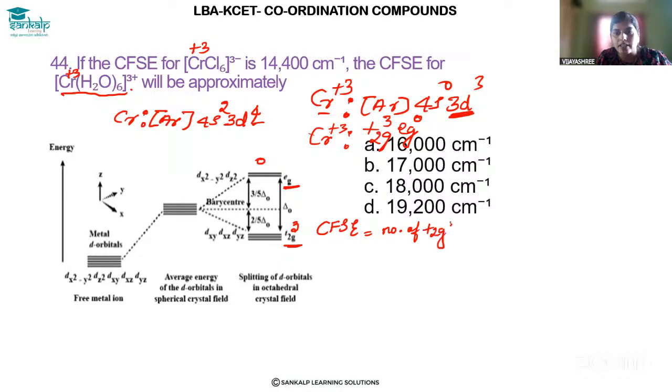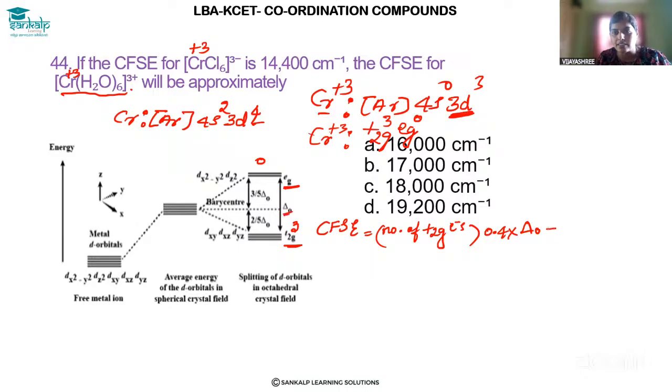t2g electrons into... here t2g electrons are lowered from the degenerate energy by 2.5... so it is 2 by 5, which means 0.4 into delta naught. Delta naught is the crystal field splitting energy.